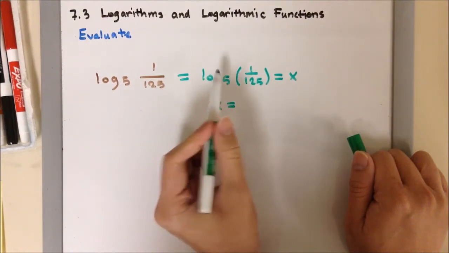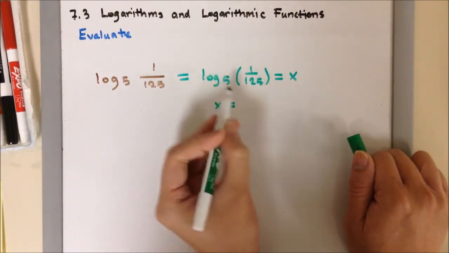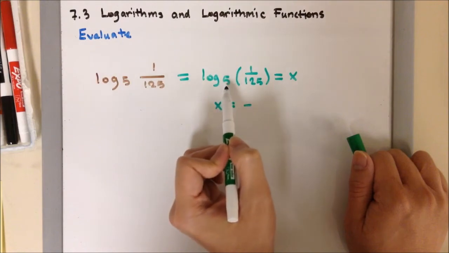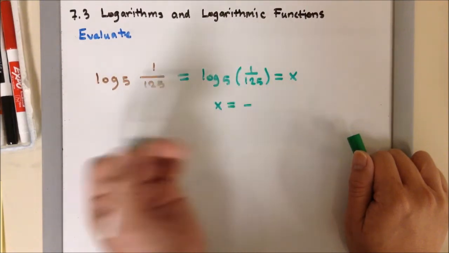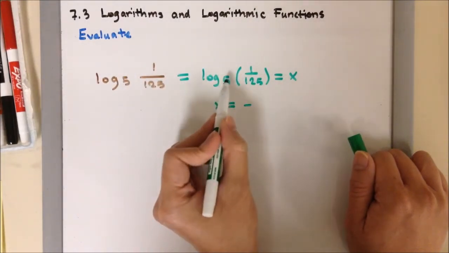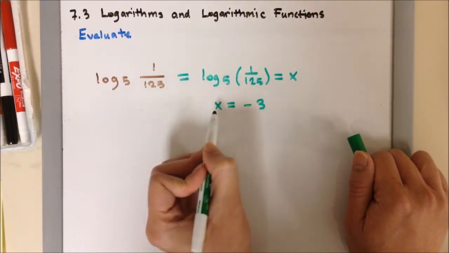So the thing is, when we try to convert a base into a fraction, that means that it has to be a negative exponent. And then how we change 5 into 125, if we look at the numbers I have given out from the previous chapter's section, 5 to the third power will be 125. So I'm going to put 3 here.